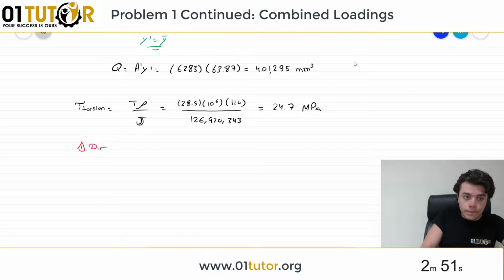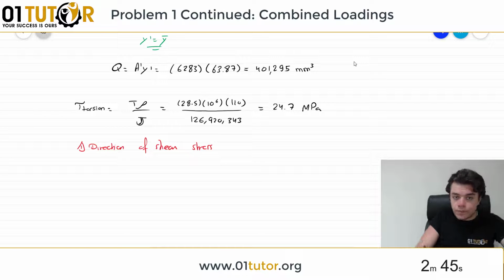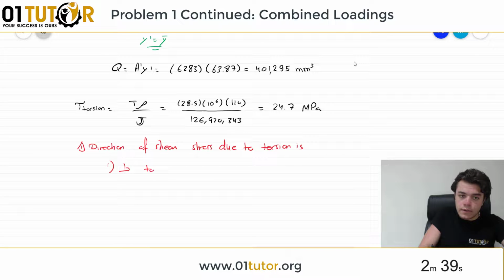So direction of shear stress due to torsion is first perpendicular to the radius, plus it follows the direction of the torsion.